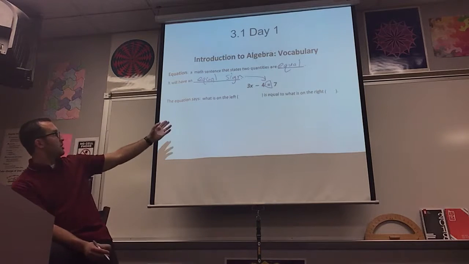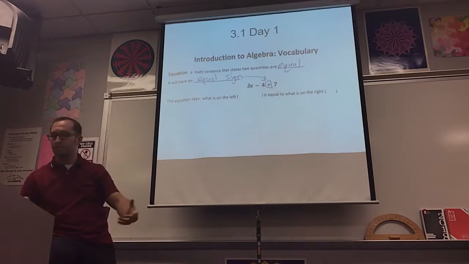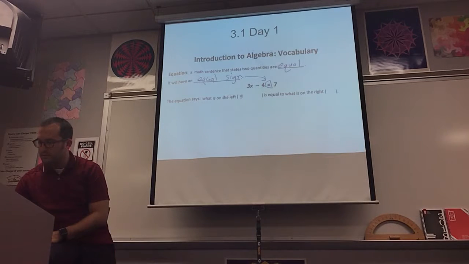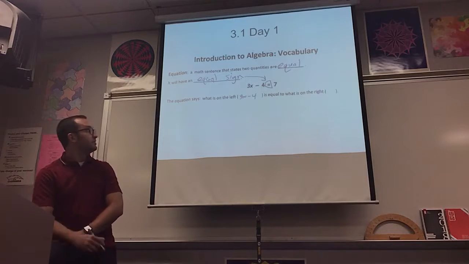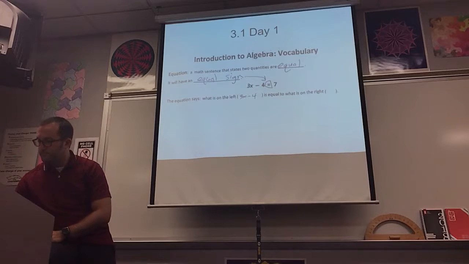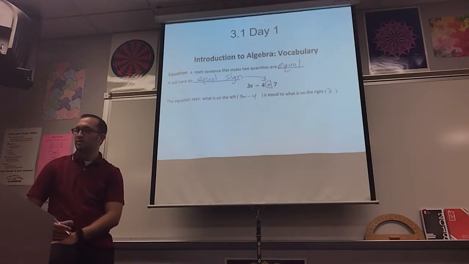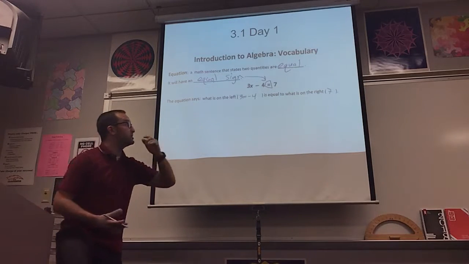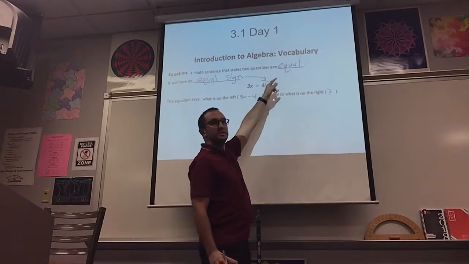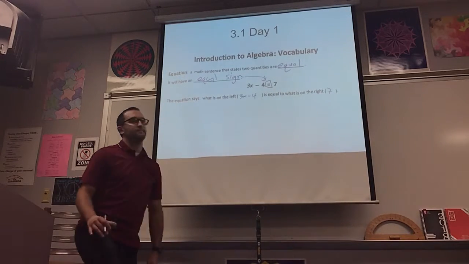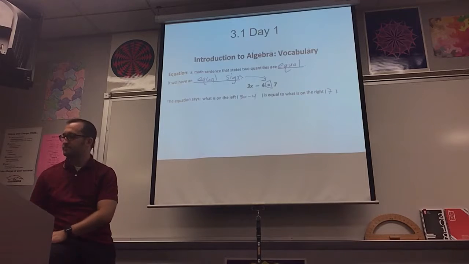The equation says what is on the left, on this equation, 3x minus 4, is equal to what's on the right, 7. So what this is saying is these two sides are equivalent. Equal in value.